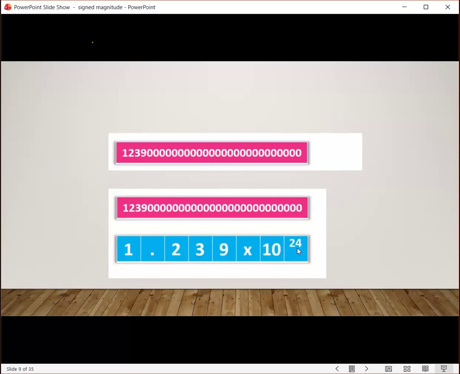Have you studied this in maths? This is called scientific notation. For example, 1000 can also be written as 1 times 10 to the power of 3.